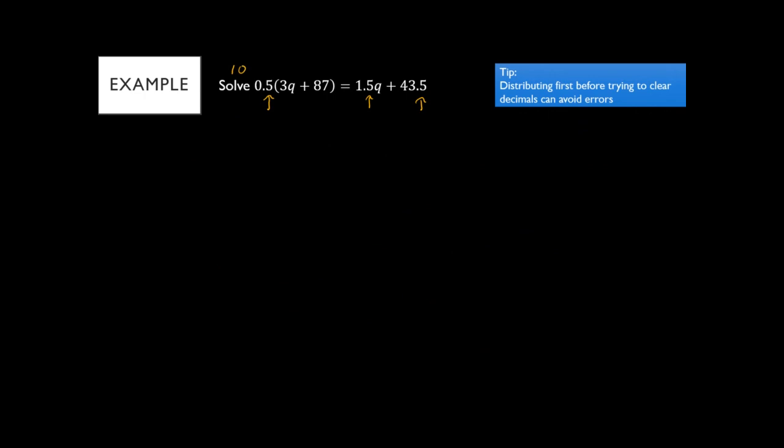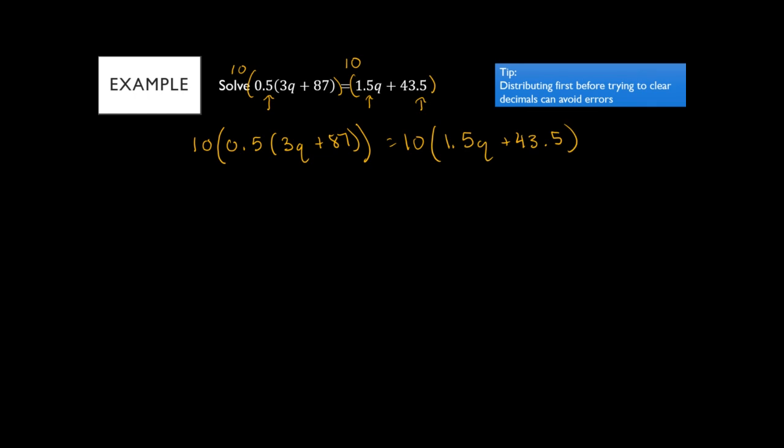What gets tricky is when you're showing that you're multiplying by 10. So what we're doing is we're doing 10 times 0.5 times 3q plus 87 equals 10 times 1.5q plus 43.5.